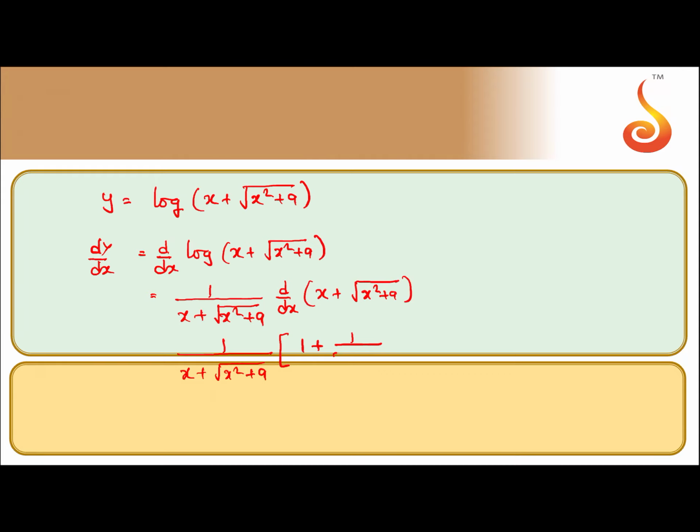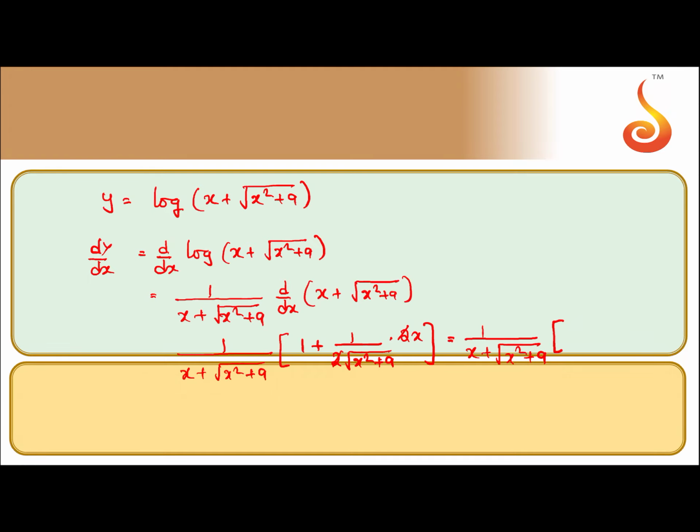Derivative of root will be 1 by 2 under root of x square plus 9, and derivative of x square is equal to 2x. If we simplify this, 2 and 2 will cancel. We get 1 by x plus under root of x square plus 9.